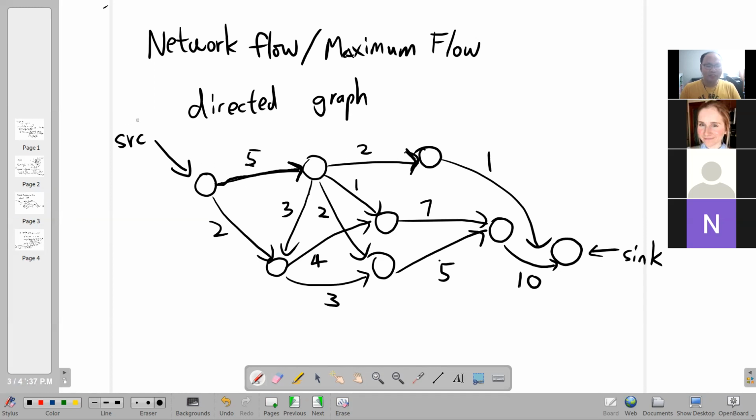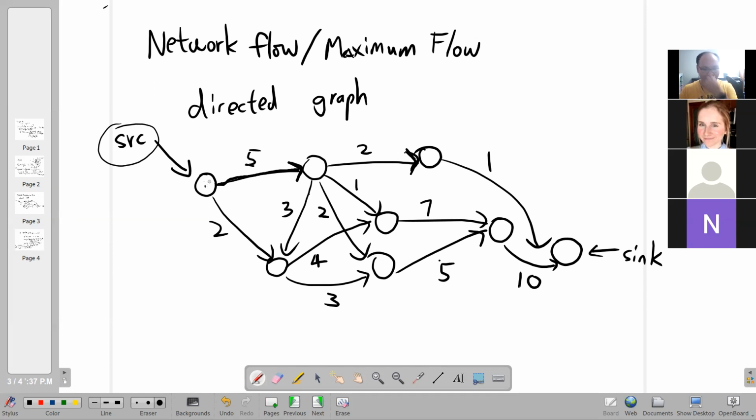So imagine that you have a water tap that comes on at the source, and there's no limit. You can just turn it on as much as you want. Now, any water that comes into a node must go out.